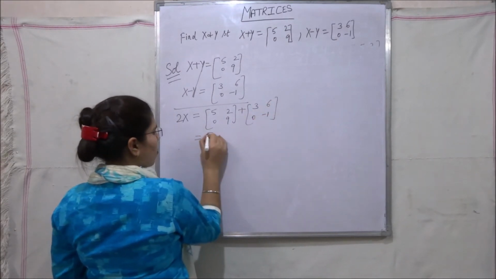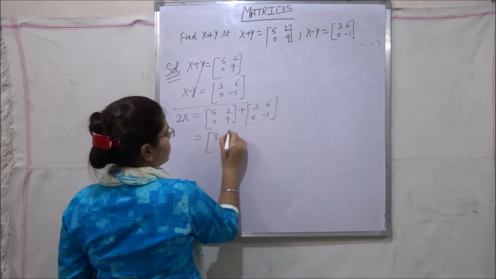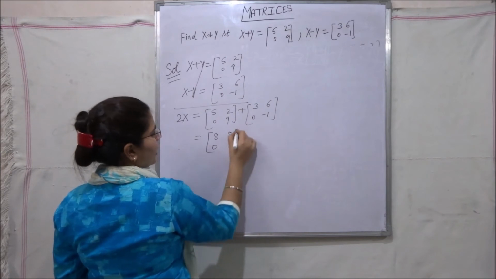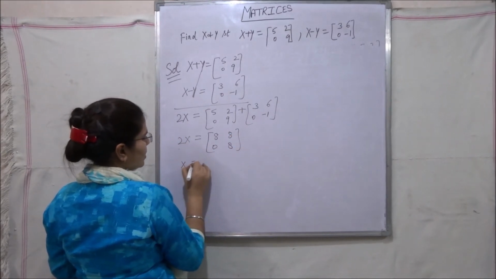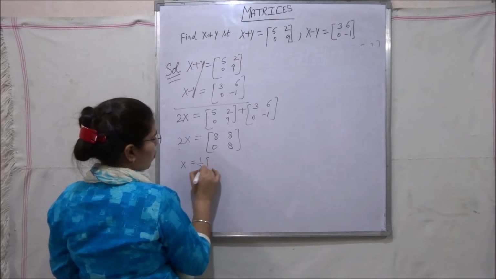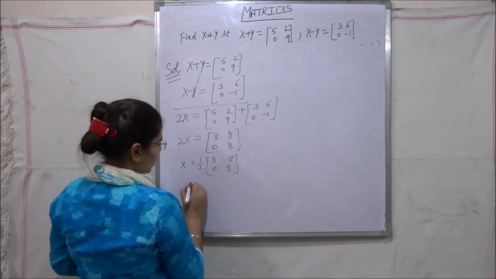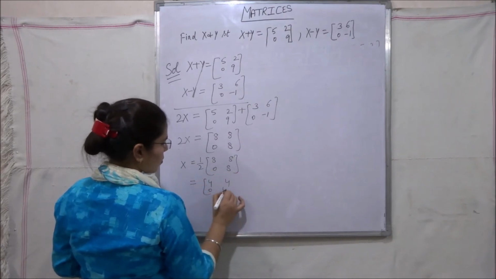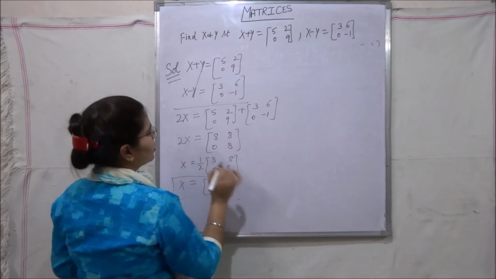So addition of the two matrices will be 5 plus 3, 8, 2 plus 6, 8, 0 plus 0, 0, 9 minus 1, 8. So matrix X equal to 1 by 2 of 8, 8, 0, 8. So that will be 4, 4, 0, 4. So this is matrix X.